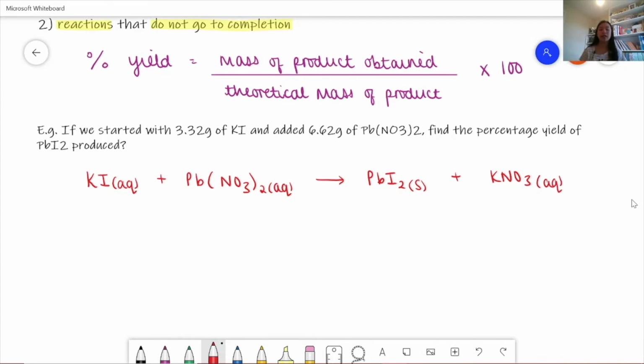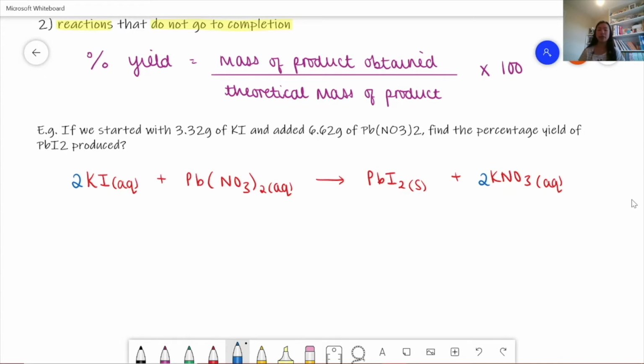And now we need to balance this equation. And so we see that we need 2 iodines because we have 2 on the right-hand side. So that means we need 2 of these potassium iodides. And that means we'll need 2 of these potassium nitrates because we have 2 potassiums on the left-hand side. And so now all of these should add up.